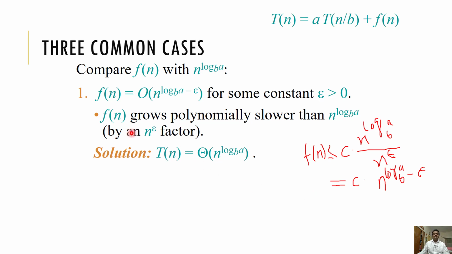So Fn is slower. How big is the other term? Even if we divide it by a polynomial factor, Fn is still less than that.